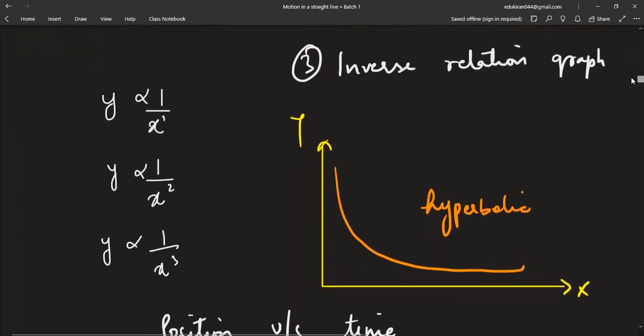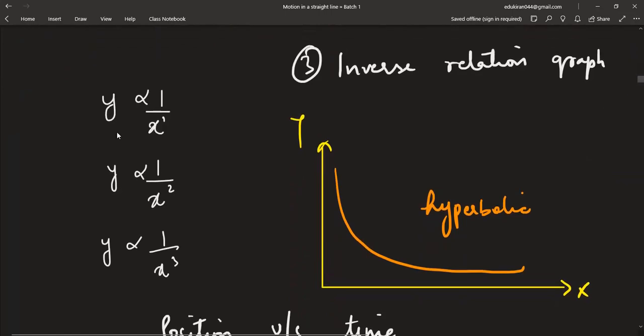And lastly, we have inverse relation graphs. See, you have y inversely proportional to x. Now, y is inversely proportional to x square also, y is inversely proportional to x cube also. And this can go up to y inversely proportional to x to the power n. So basically this will be a hyperbolic graph in every case.